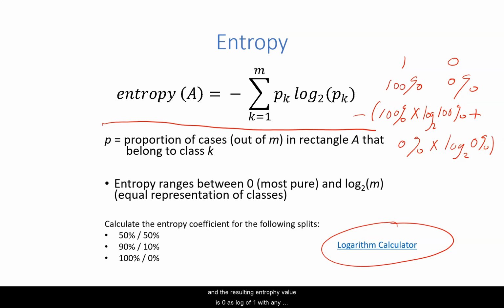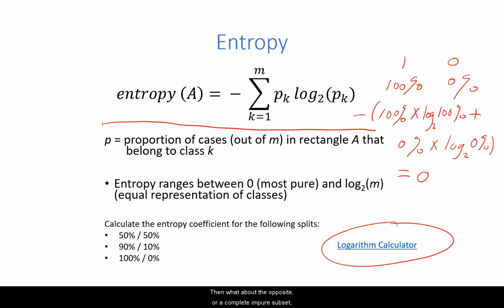And the resulting entropy value is going to be 0, as the log of 1 with any base is going to be 0, and the 0 times anything is 0. So for a completely pure subset, the entropy value would be 0.